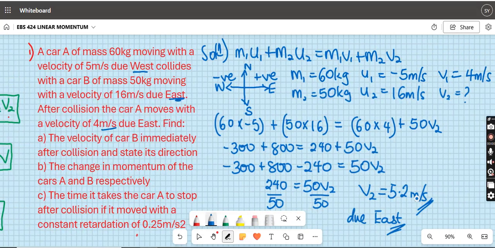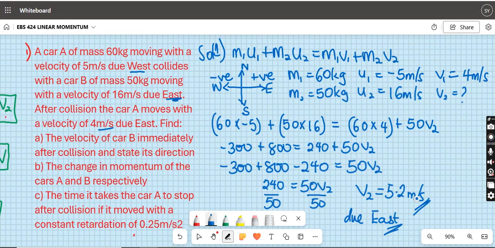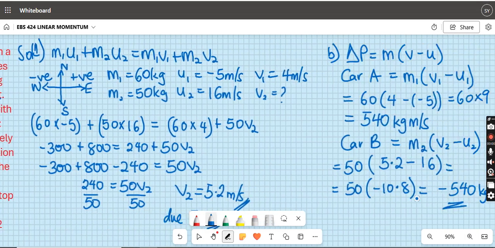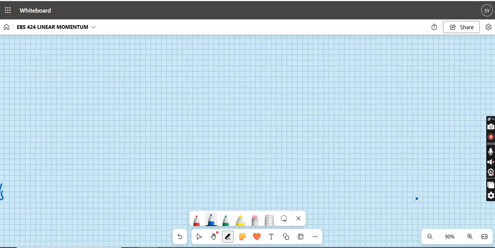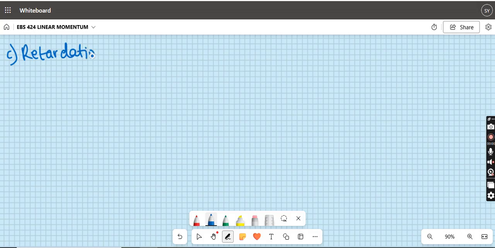It says the time it takes car A to stop after collision if it moved with a constant retardation of 0.25 meters per second squared. What is retardation? Now, retardation is slowing down. Retardation means slowing down, and it is the opposite of acceleration.